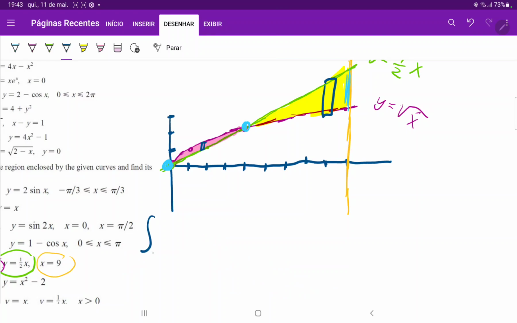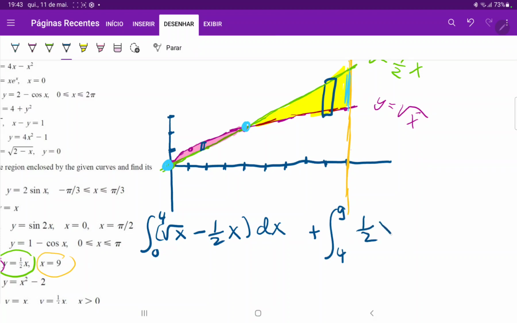The first one is the integral from 0 to 4, which were our boundaries, of the upper curve, square root of x minus 1/2 x, and all of this times dx. And then we do have plus the second integral, which goes from 4 to 9 of the upper curve, which is 1/2 x minus square root of x, all of this times dx.